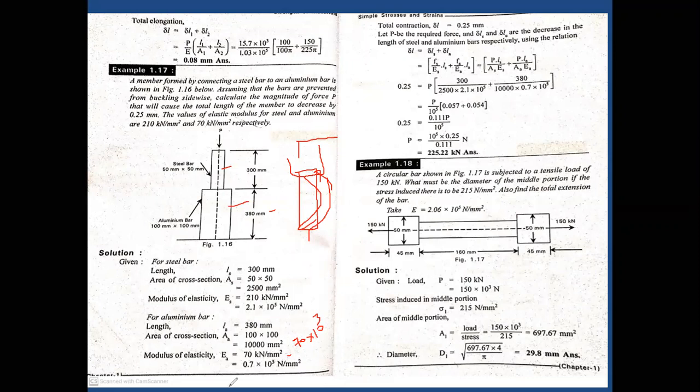So 70 kilonewton per mm square, divided by 100, gives 0.7 into 10 square into 10 cube, using 10 power m into 10 power n equals 10 power m plus n. So 2 plus 3 is 5: 0.7 into 10 to the power of 5.